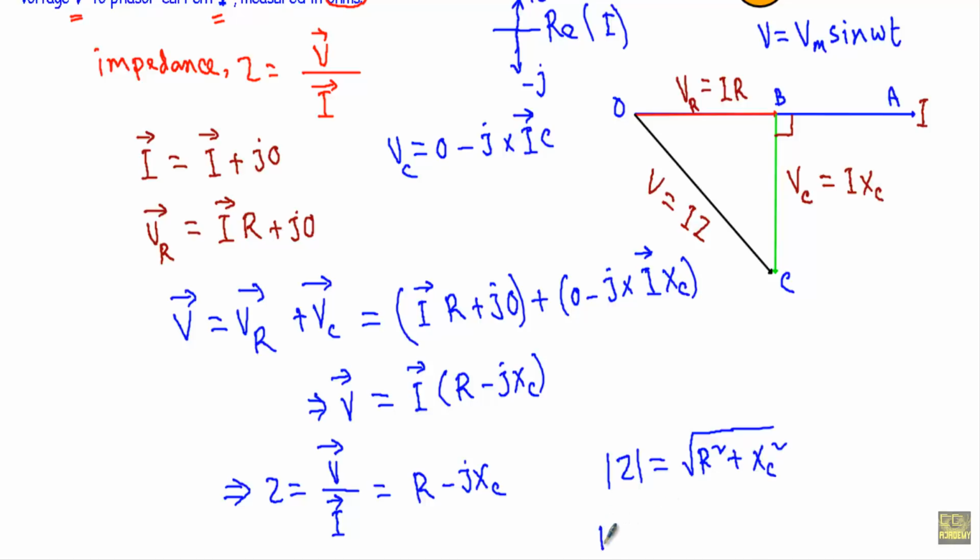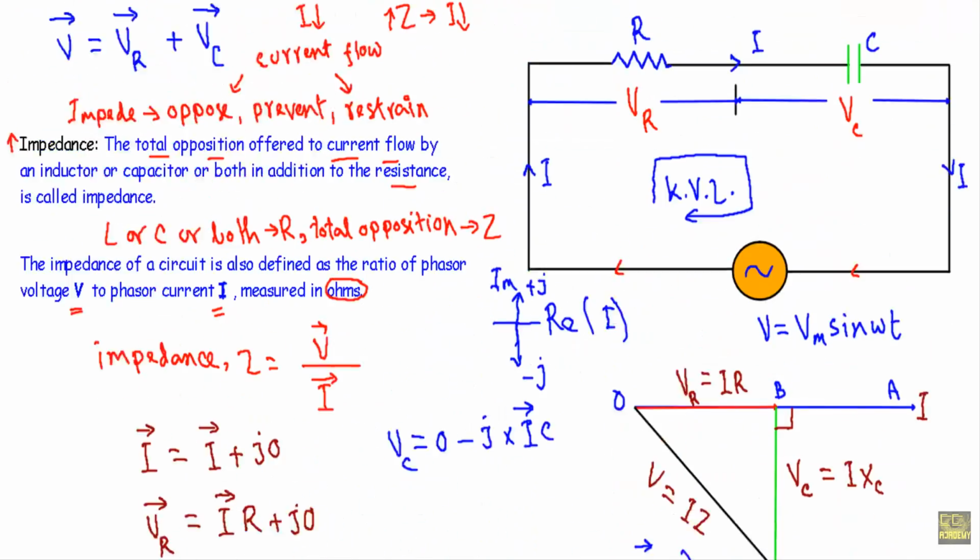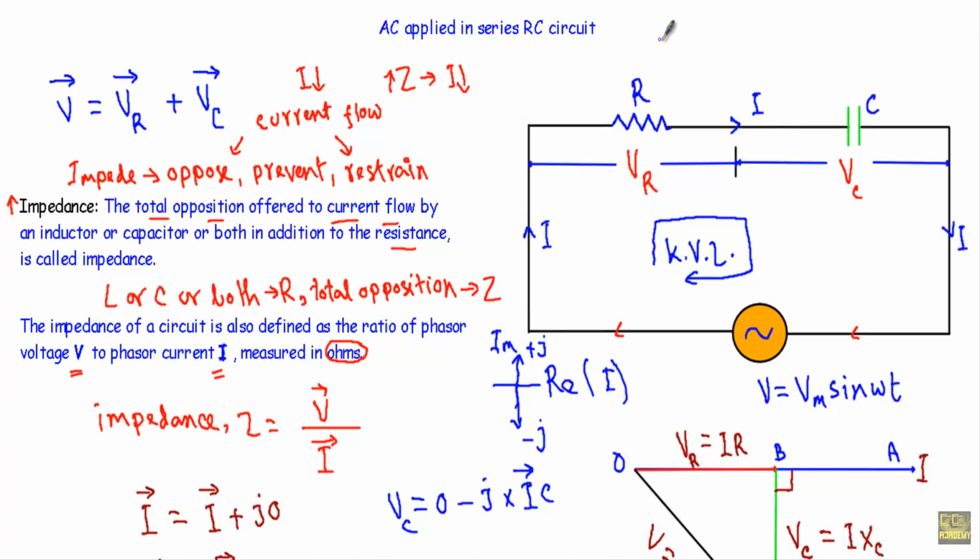The phase angle phi will be equal to tan inverse of minus XC divided by R. So the impedance of a series RC circuit is Z equal to R minus jXC, and the magnitude of the impedance, modulus of Z, will be equal to the square root of R square plus XC square.